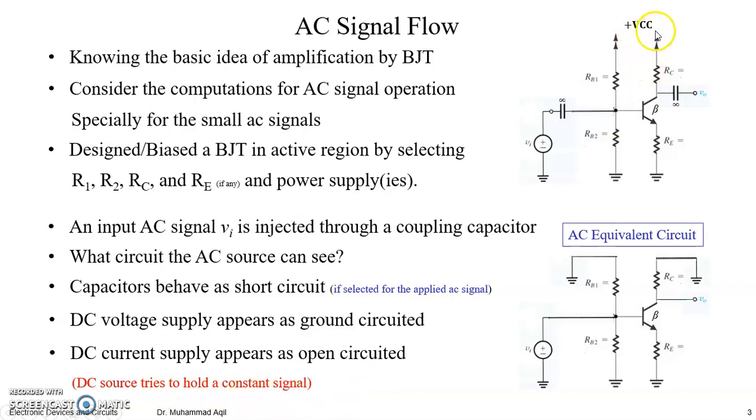So if we have, for example, a 15 volt or 16 volt supply, then this DC supply will try to maintain a 15 or 16 volt DC signal here, besides providing the DC voltages and DC currents to these components.